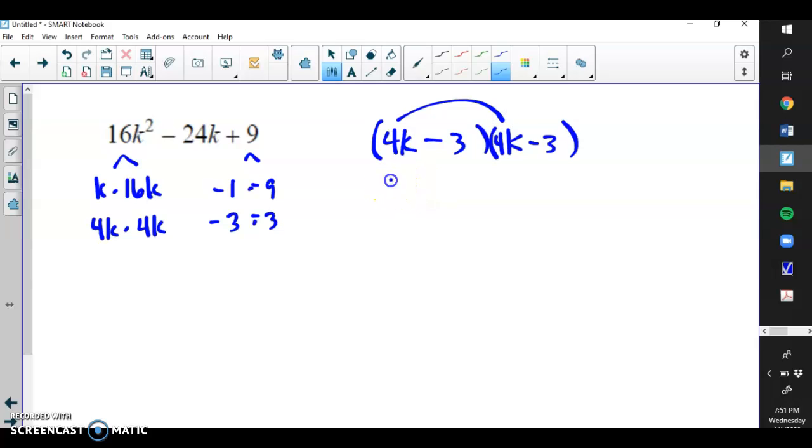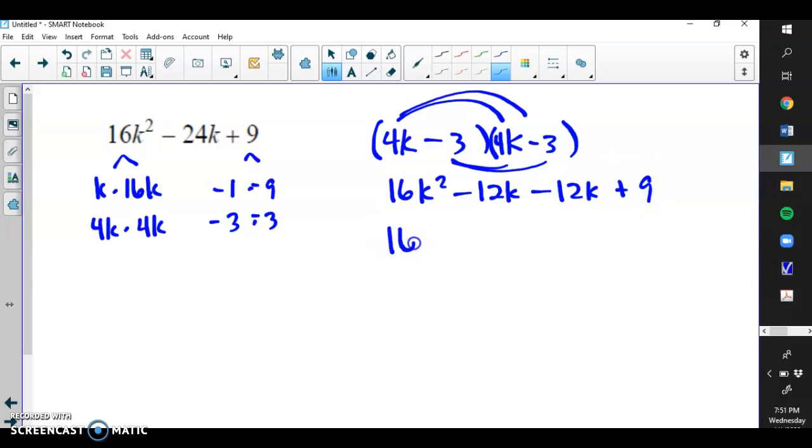So 4k times 4k, 16k squared. 4k times negative 3, negative 12k. Negative 12k. Plus 9. 16k squared minus 24k plus 9. Oh, and I was correct again. Sometimes you guess lucky, and sometimes you'll have to check after you've guessed incorrectly. Good luck with these.